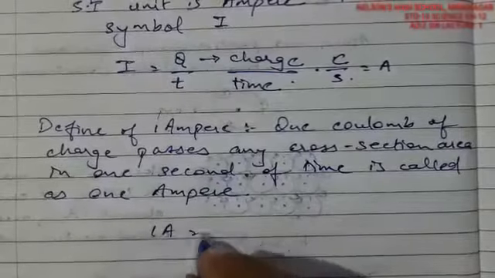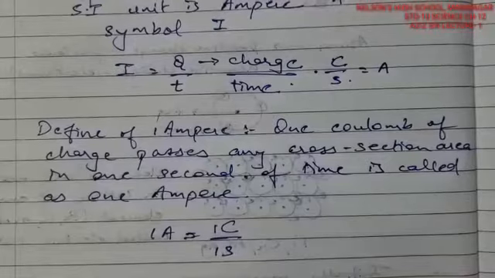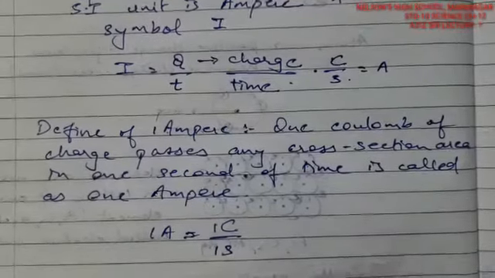Therefore, 1 ampere is equal to 1 coulomb upon 1 second of time. This is called 1 ampere.